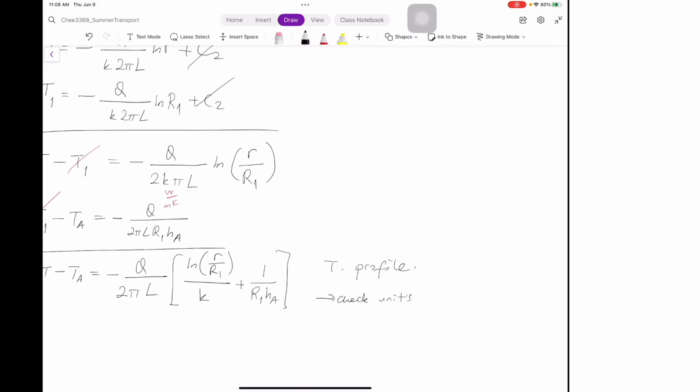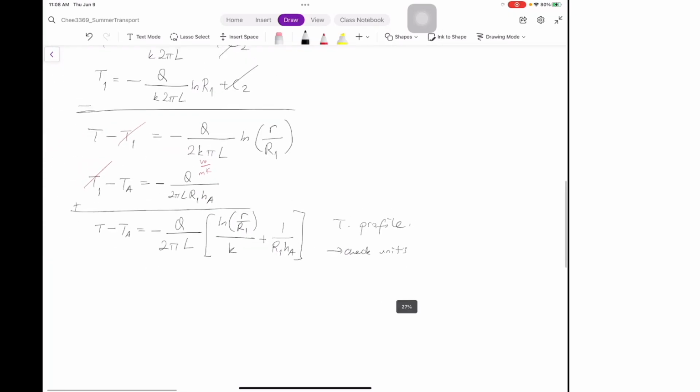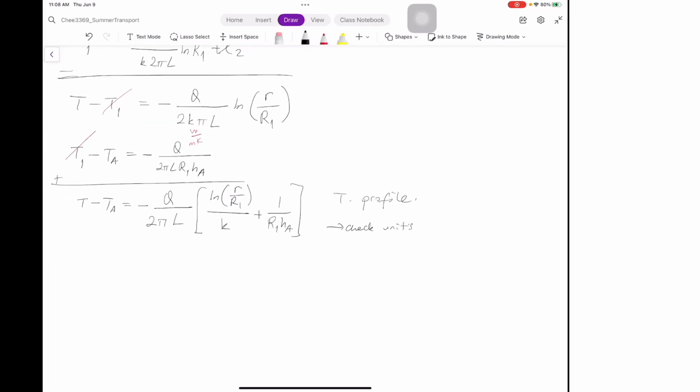There you go. Now you check the units, you should see that it's correct. Yeah, the units should be correct right now. If you want, you can check.